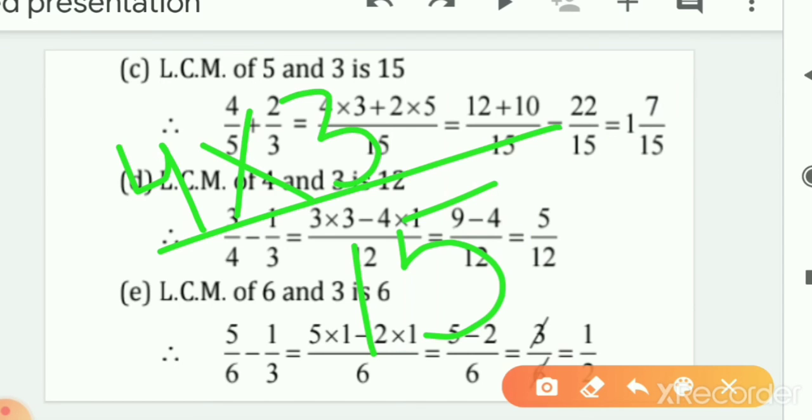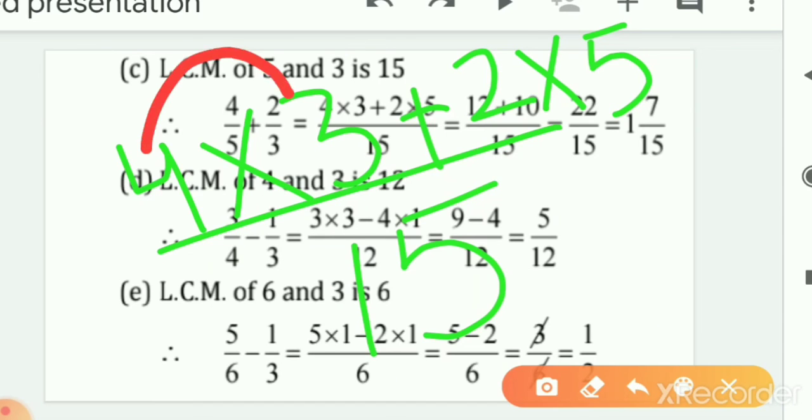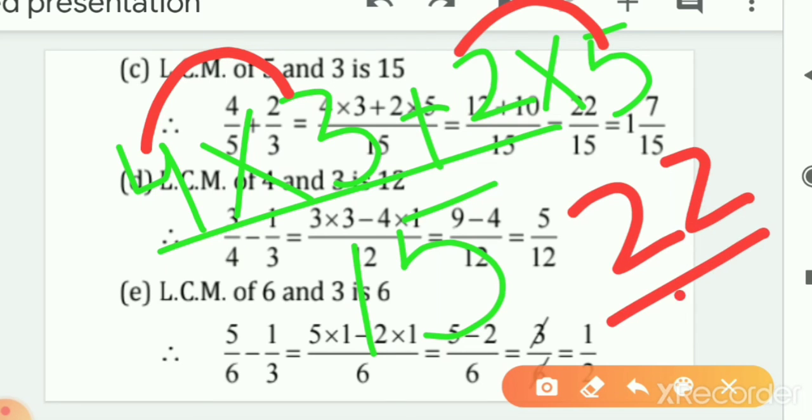In the table of 5, 15 comes how many times? 3 times. Plus 2 will come here. In the table of 3, 15 comes how many times? 5 times. So 3 5 is 15. So 5 will multiply with the numerator. Now solve these. We have 4 3 ja 12 and 2 5 ja 10. 12 plus 10 is 22. 22 by 15. Okay. Right?